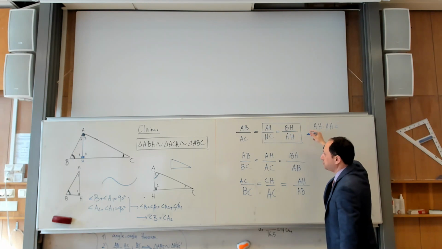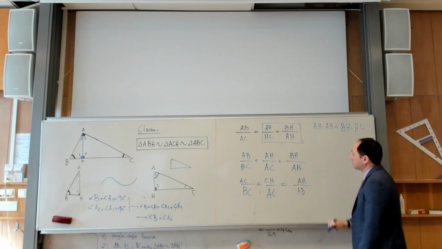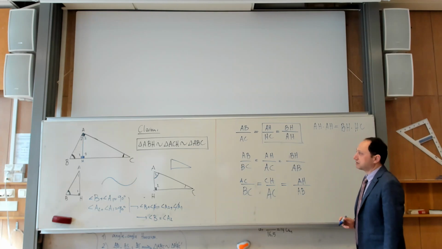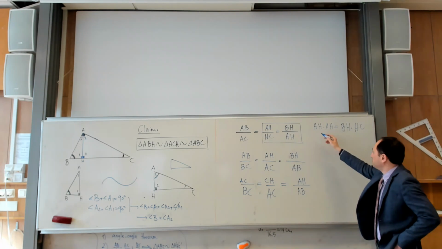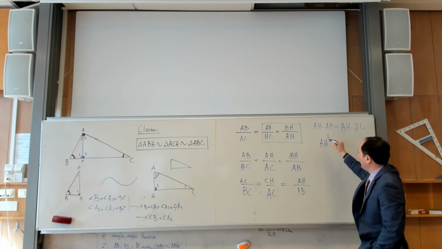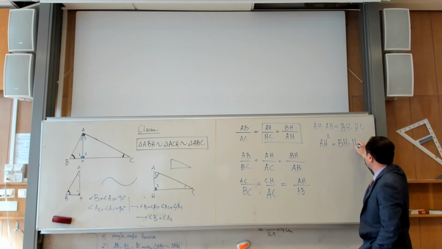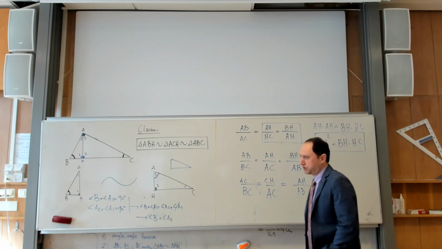Is equal to BH times HC. Yes? That's a very nice property of right angle triangles. Probably you didn't know that before, but it is also good to remember. AH times AH is AH squared, and this one is BH times HC. So I myself have it in my memory. This is a very nice relation for a right angle triangle.